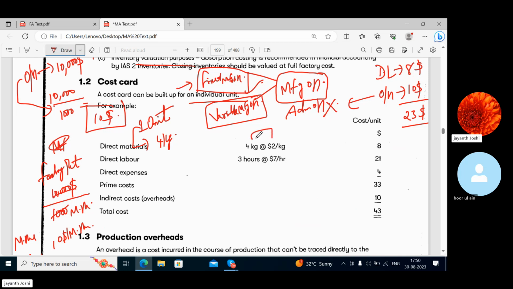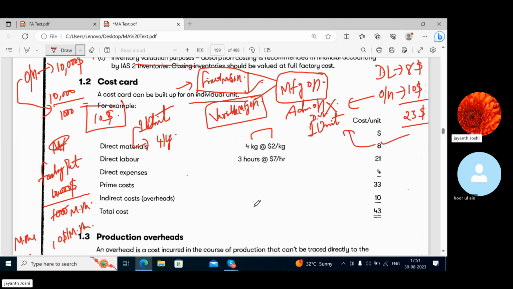So 4 kgs of raw material for making 1 unit, each kg costing me $2, so 4 kgs would total $8. That means I'll be spending $8 for 1 unit of direct material.